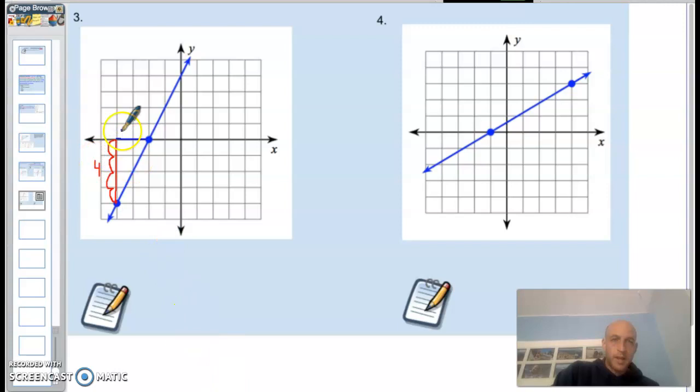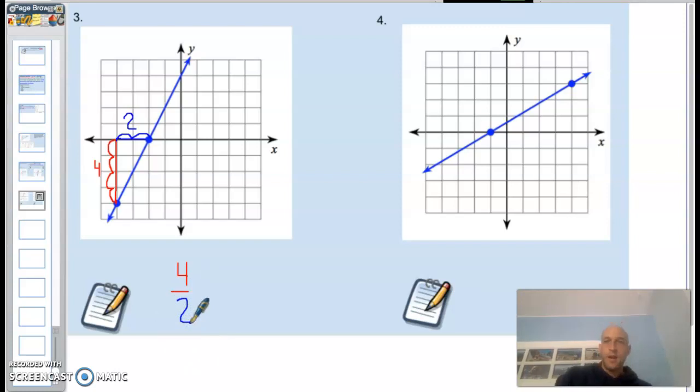And how much did it go over? 1, 2. Okay, a lot of students in the past have mixed up the order. So sometimes they put 2 over 4, or they're not sure which one goes first. The up and down side, the vertical side, always goes first. So this slope is 4 over 2.